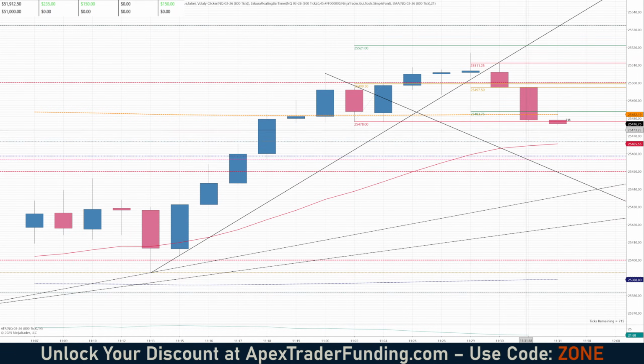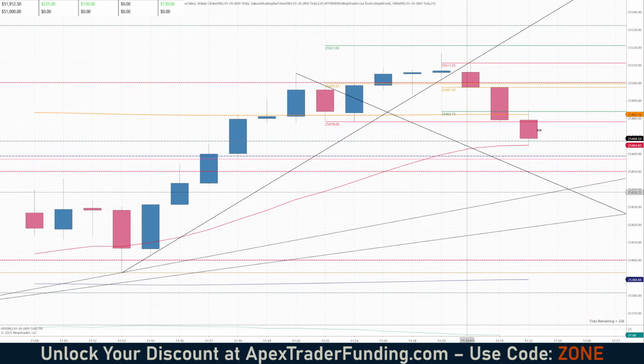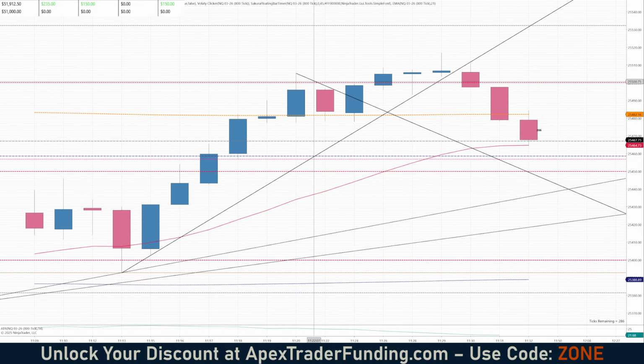It's worth a try, especially because we were still in this bullish move from 1124 that hasn't hit its target. All right, let's delete some lines here. Let's see what we're at.